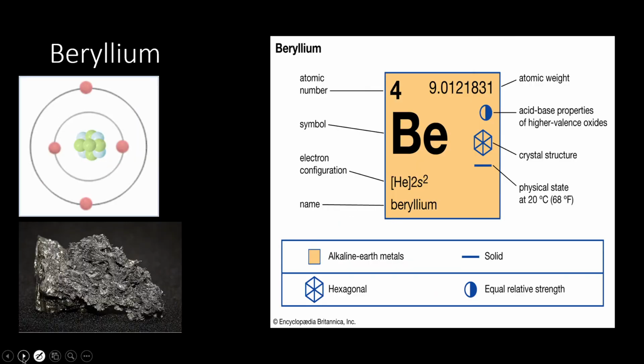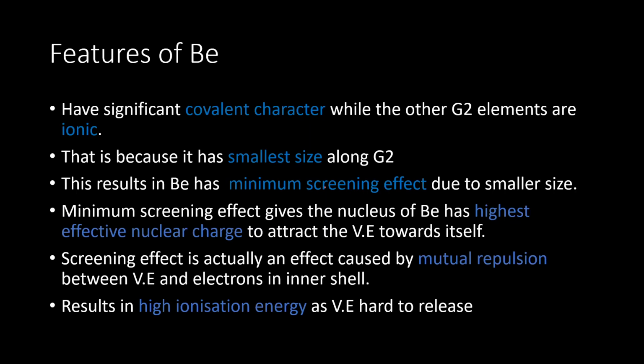So it has the smallest screening effect, which gives the highest effective nuclear charge to attract the valence electrons toward itself. That means beryllium has the highest ability to attract the valence electrons.